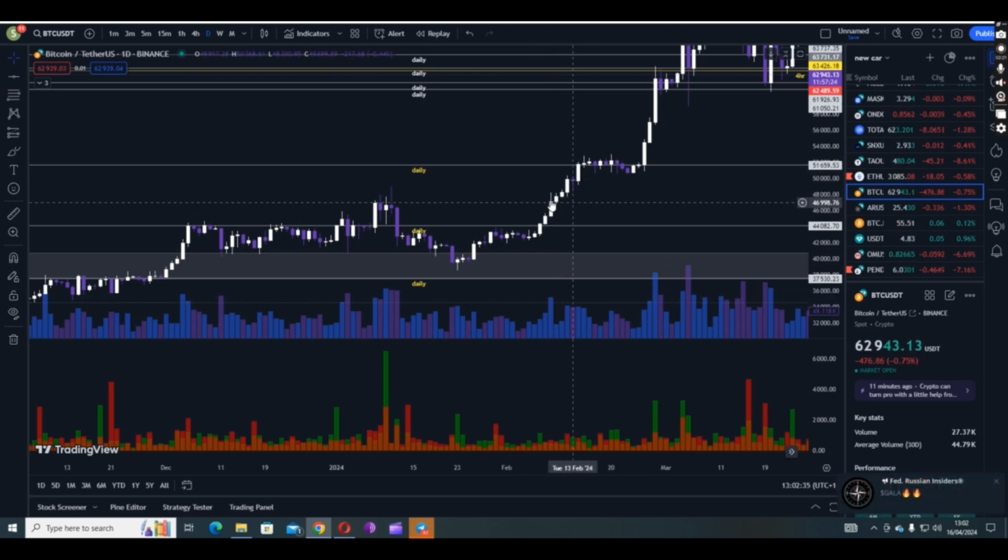It never came back down to this area to retest this area, so I would not have touched that long. I don't care if I missed out on that long. I'm not interested, because I wanted to see that. If I were going to take that on the 9th of Feb along there, I want to see this.